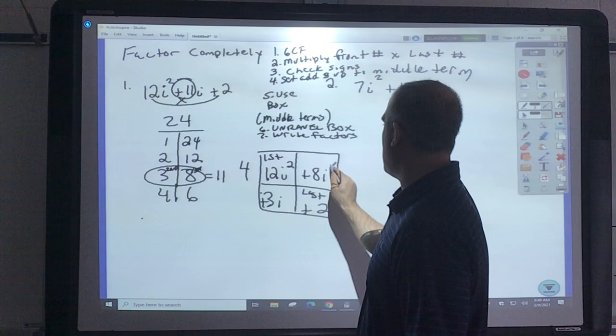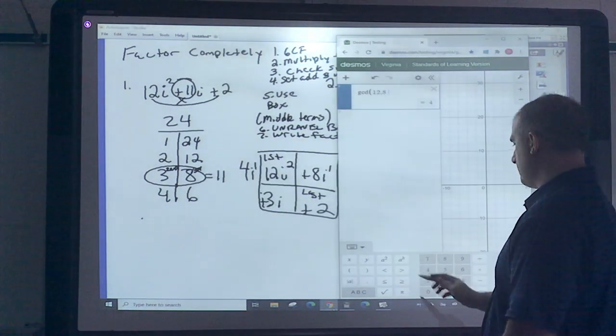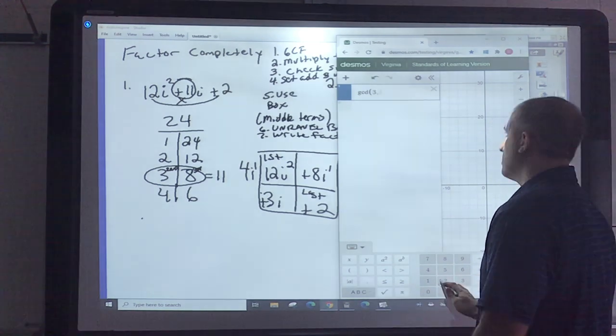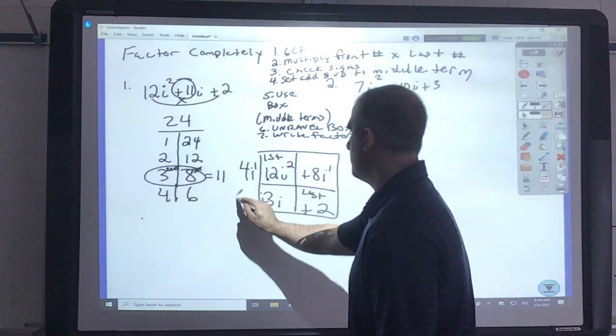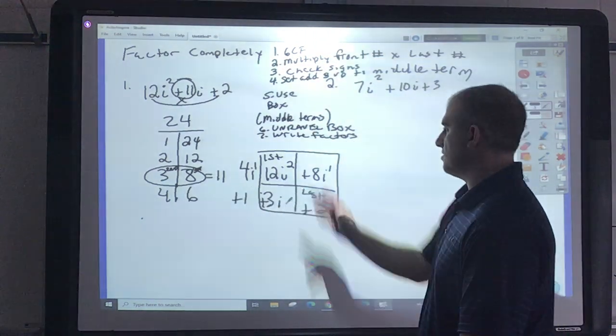They both have an i, and that's i to the first, so i. The bottom one would be 3 and 2, which is going to be 1, since that's plus 1. This has an i, this doesn't, so it stays plus 1.